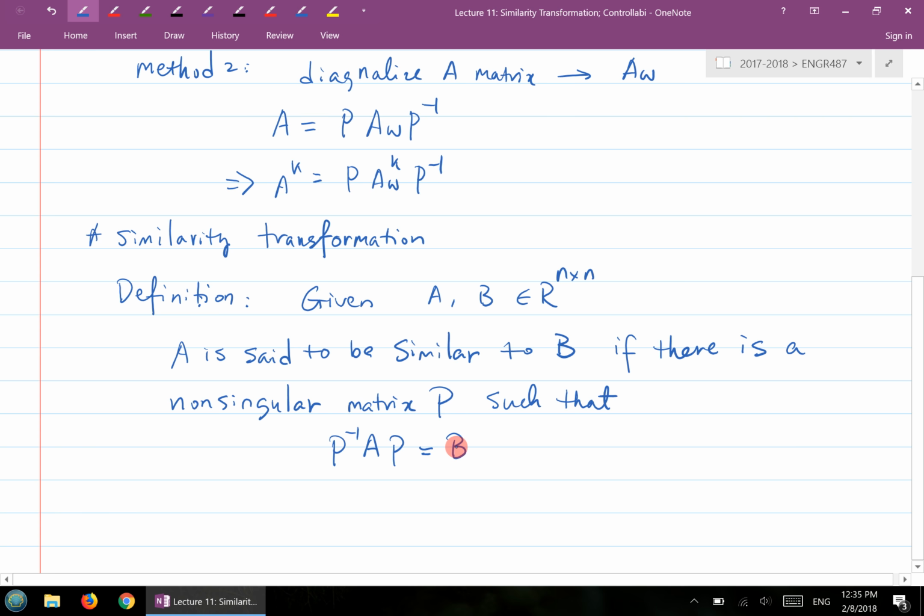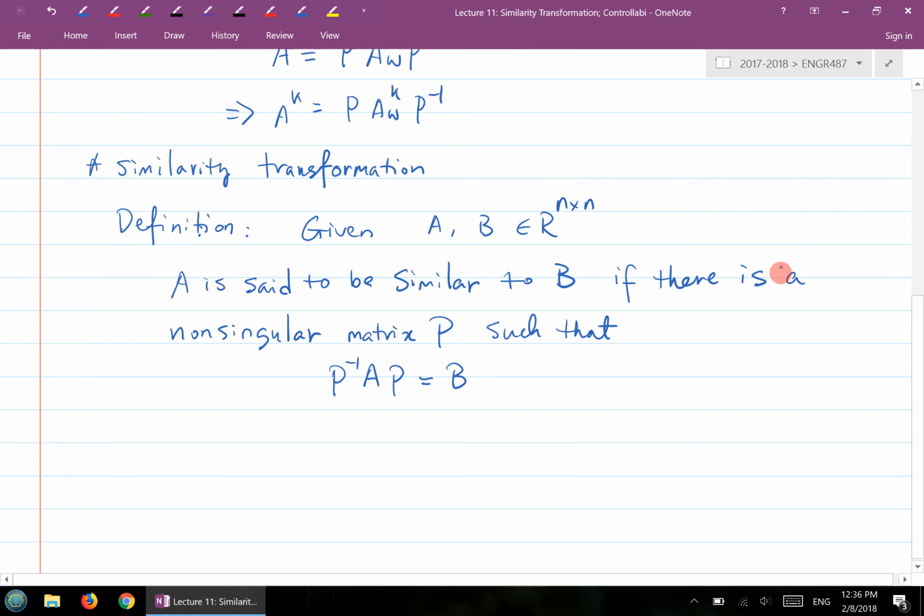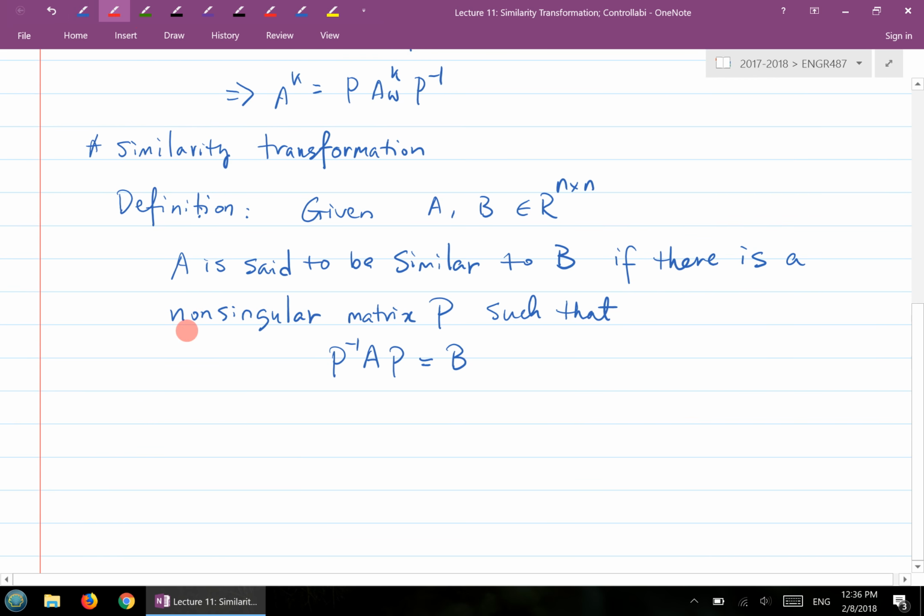So here's the concept of similarity. This is a pure mathematical definition. Basically, A and B are connected with this relationship and the P matrix. Make sure P is a non-singular matrix, which means the determinant of the P matrix is not 0.